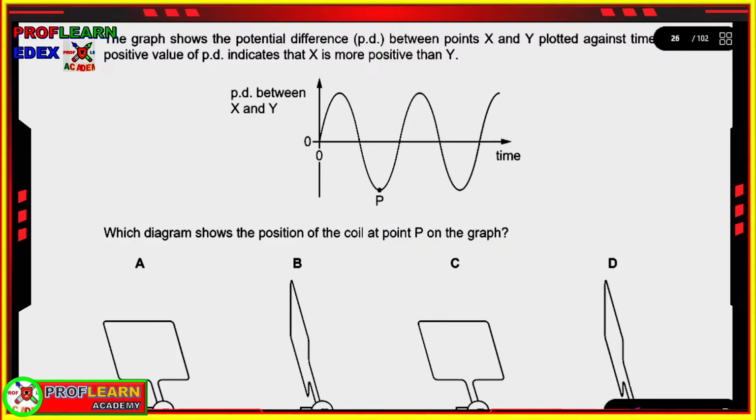At point P, that's when we are having maximum PD.